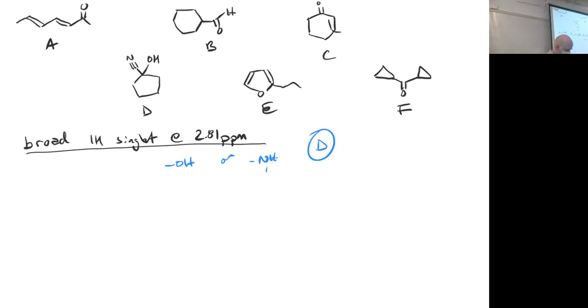All right, Olivia, you have a 1H singlet at 5.86 ppm. So we know it's not an OH or an NH. Right, so let's go with this as our operative information here, 5.86 ppm.